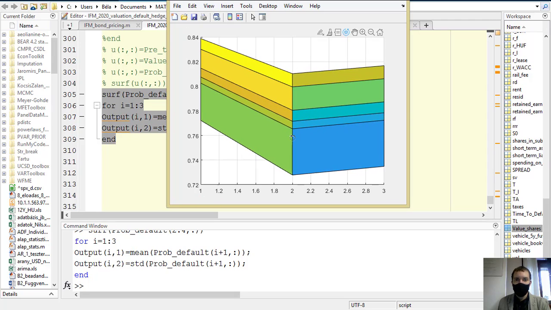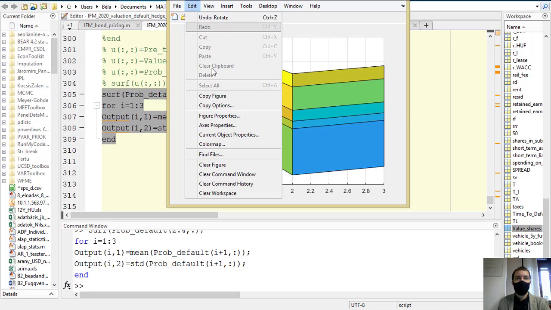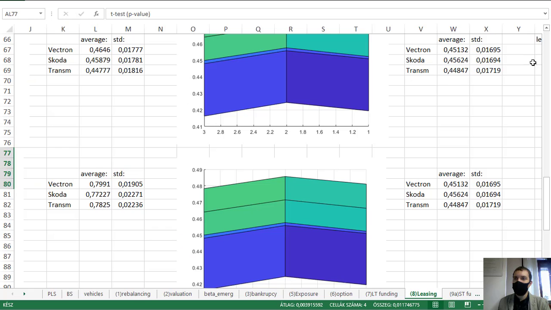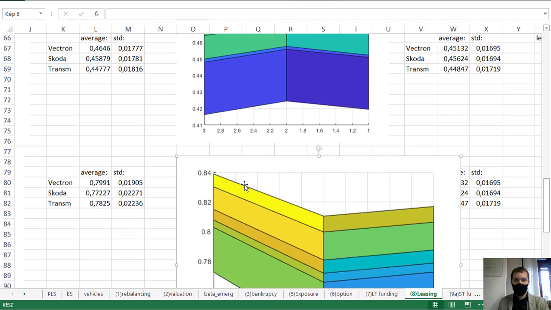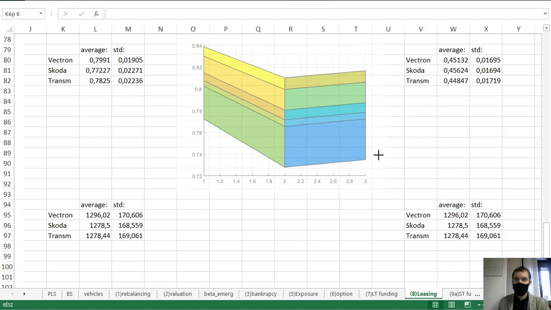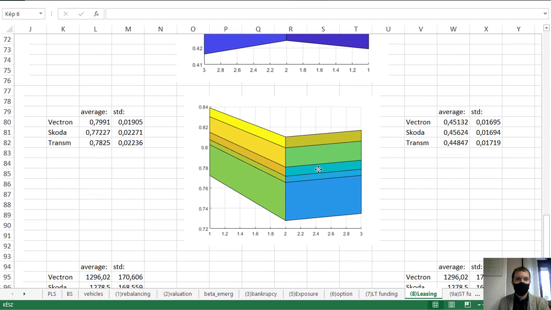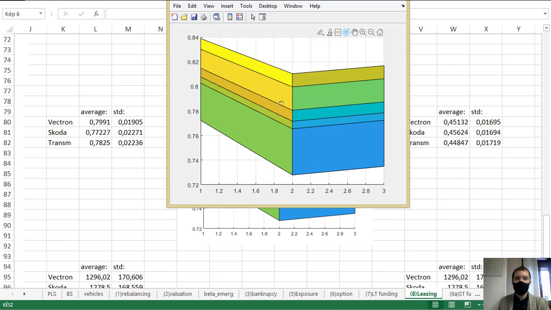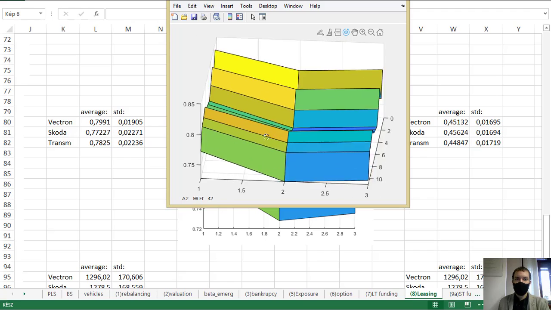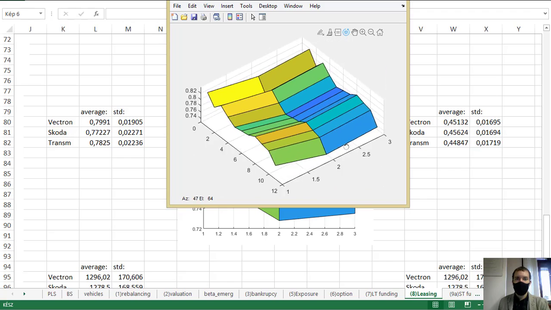So we can see that there is this local minimum. Nice. Actually, we can see that it's stable. So it always provides a local minimum.